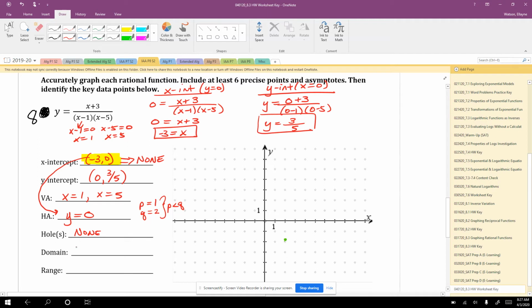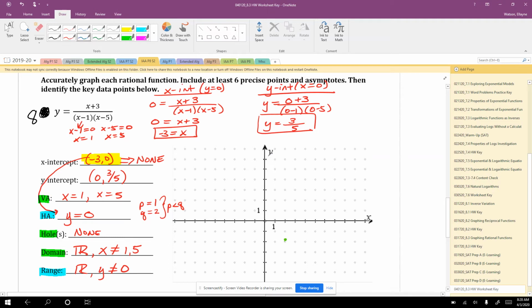You start with all real numbers where x cannot equal, so the domain is tied to any holes and your vertical asymptotes. There are no holes, but there are asymptotes at 1 and 5. Your range is tied to your horizontal asymptote, so all real numbers where y does not equal 0. To graph this, let's draw in the asymptotes first.